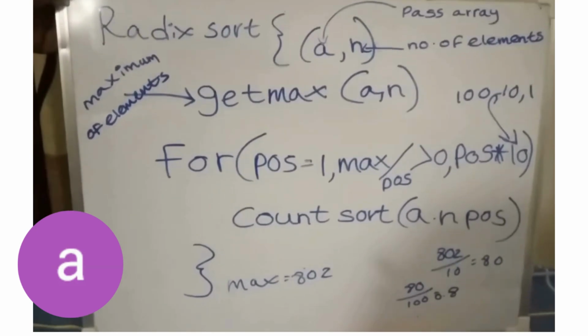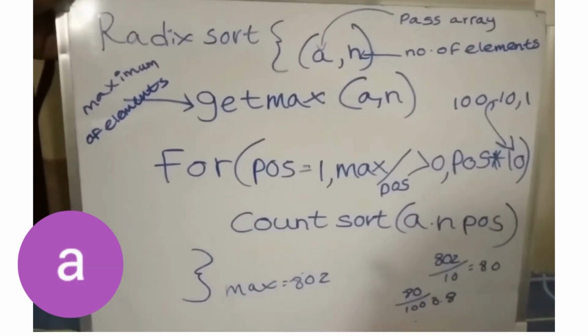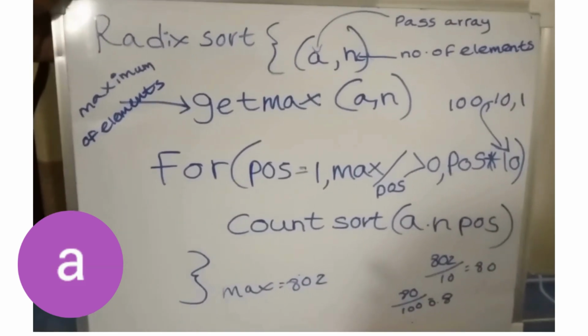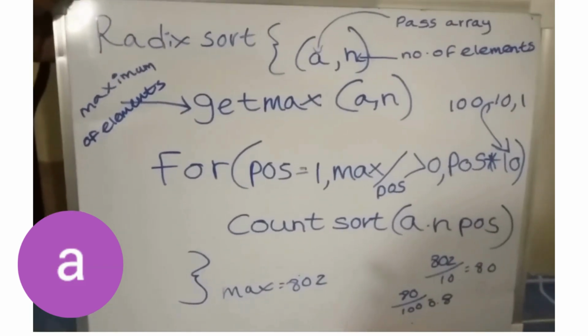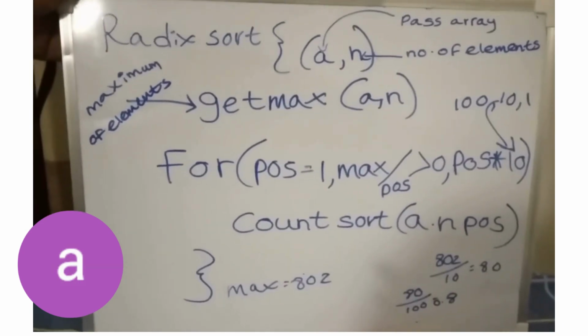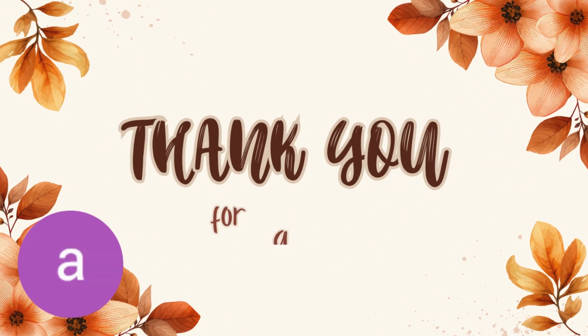Then we can divide by 1000, and that is less than 1 now, so the radix sort is done. I think you all are getting a simple idea about the radix sort now.